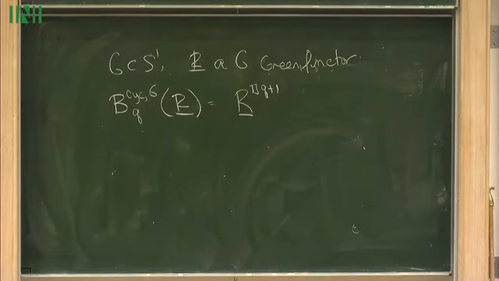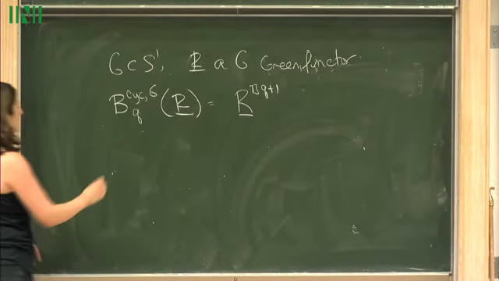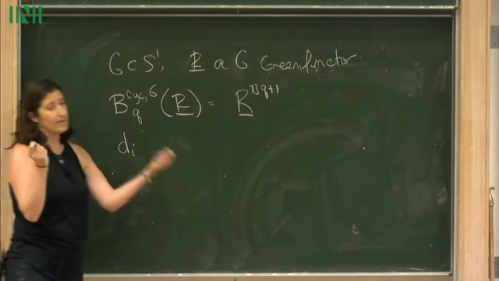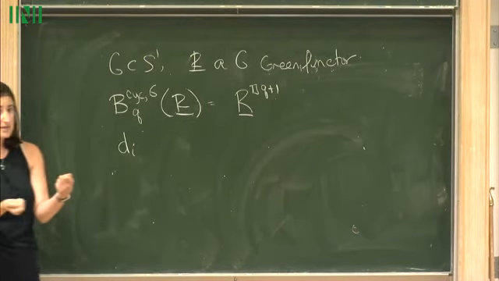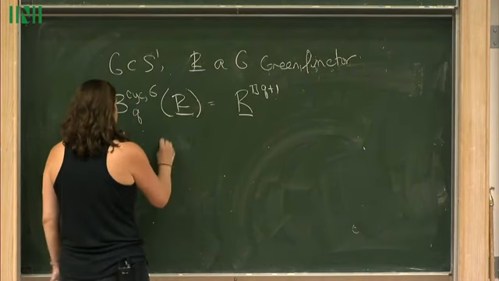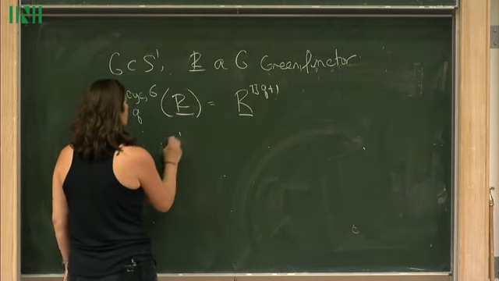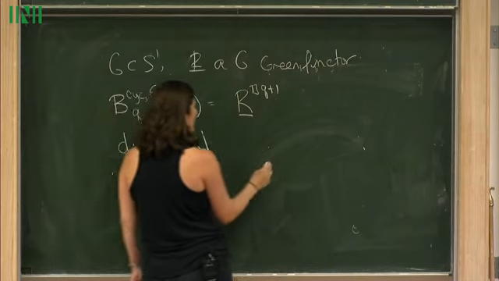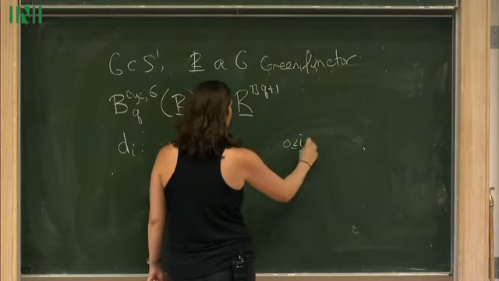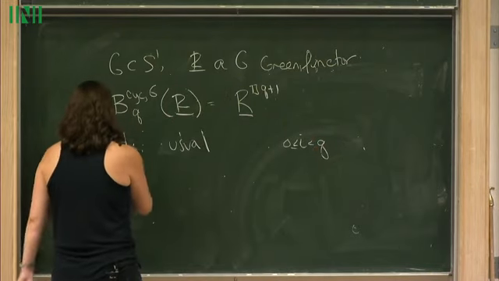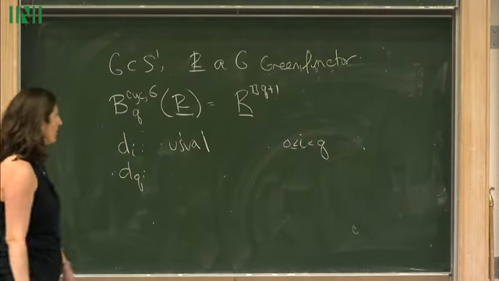And then what are the face maps going to be? The d_i multiply the i-th and the (i plus first) factor, which still makes sense here. They multiply in the usual way as long as i is less than q. And just as before, the last one is different.